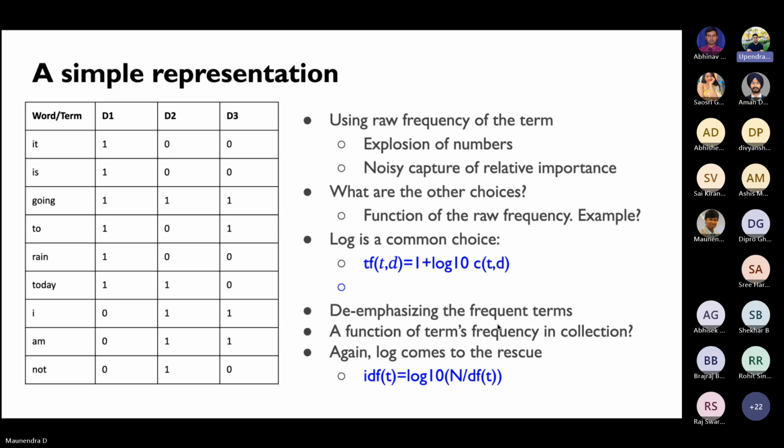Many of the items will have the value 0, so it will be computationally very expensive. If the vocabulary is large, each vector also becomes large. That means we have to process very large vectors.